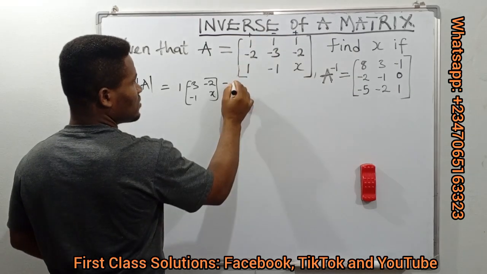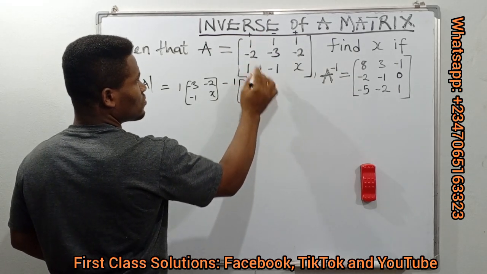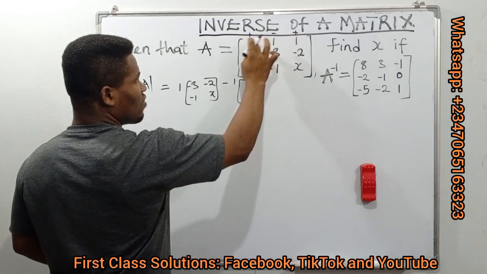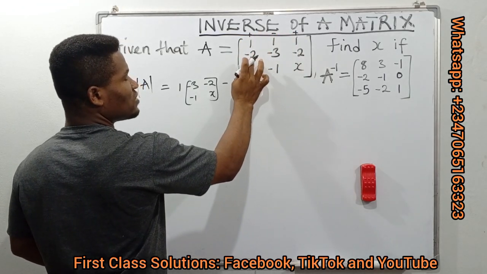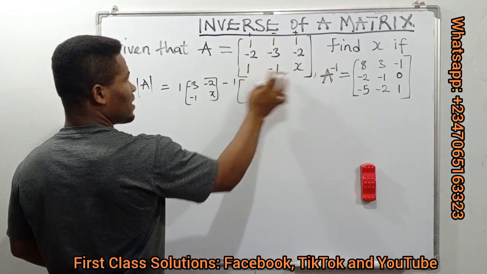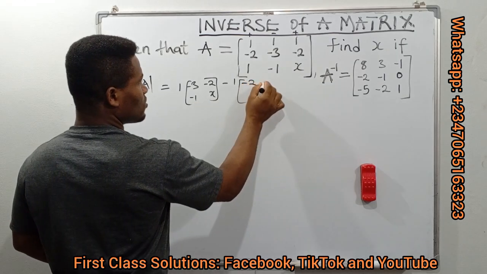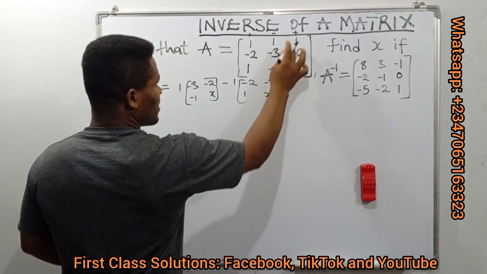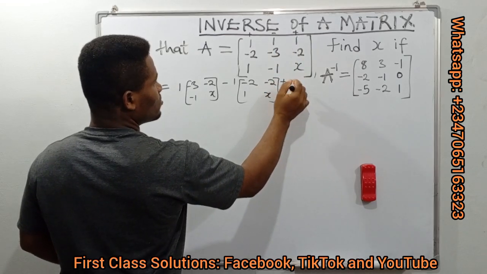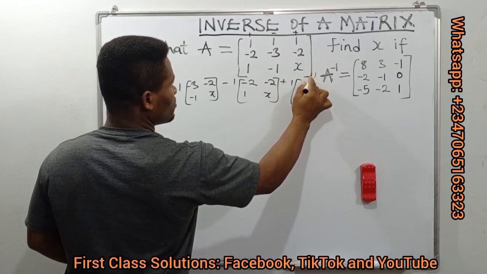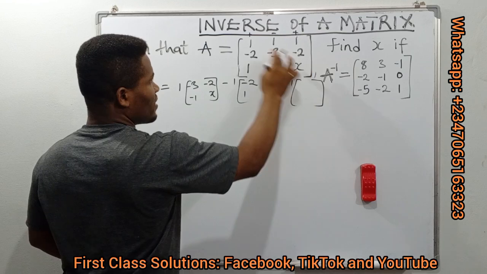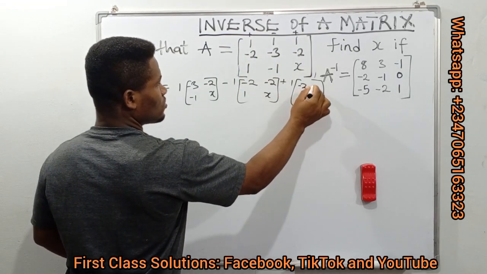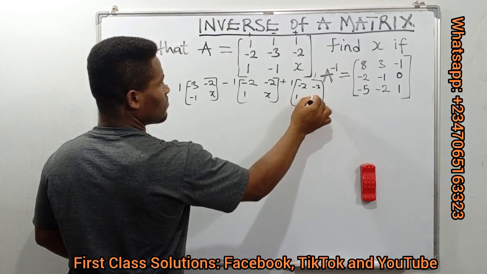Minus 1 into, covering the first row and the second column, you are left with minus 2, 1, and x. Lastly, we have plus 1 into, covering the first row and third column, minus 2, 3, 1, and minus 1.